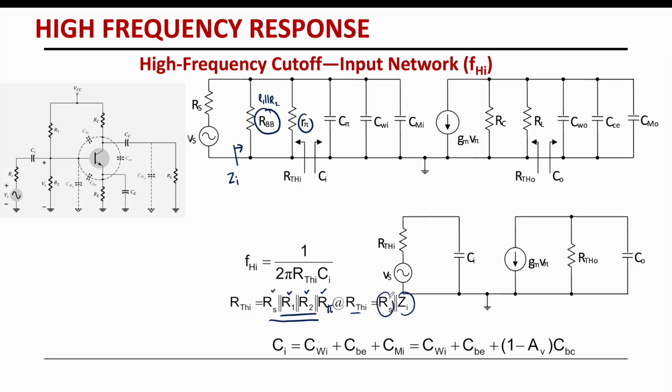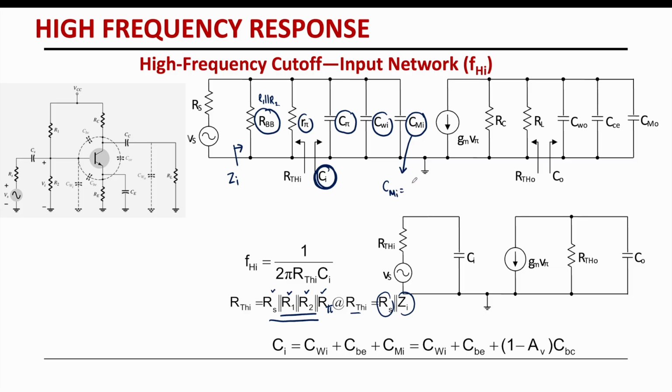Next, C in. What is C in? C in is the input capacitance, and how do we measure this input capacitance? This input capacitance is C pi plus CWI, which is the input wiring, plus the value of CMI. So how can the value of CMI be calculated?